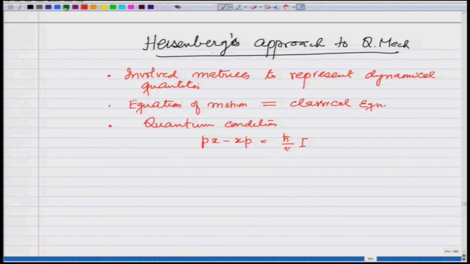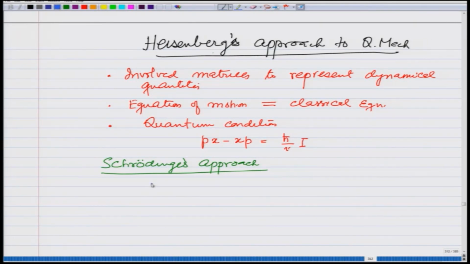We have also learned another approach, which is Schrodinger's approach, which is very different on the surface from Heisenberg's approach.